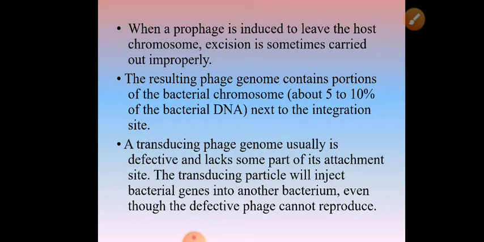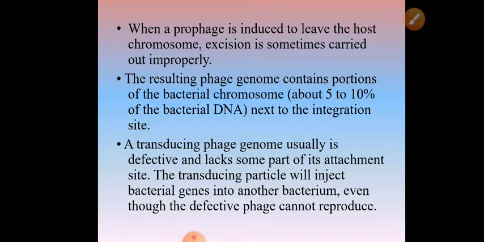And sometimes the excision is improper. The resulting phage genome contains a portion of the bacterial chromosome, about 5 to 10% of the bacterial DNA next to the integration site. So by mistake, because the excision is improper, it will carry 5 to 10% of bacterial DNA. But which DNA? Adjacent to the lambda DNA, and most of the time it is the galactose gene.